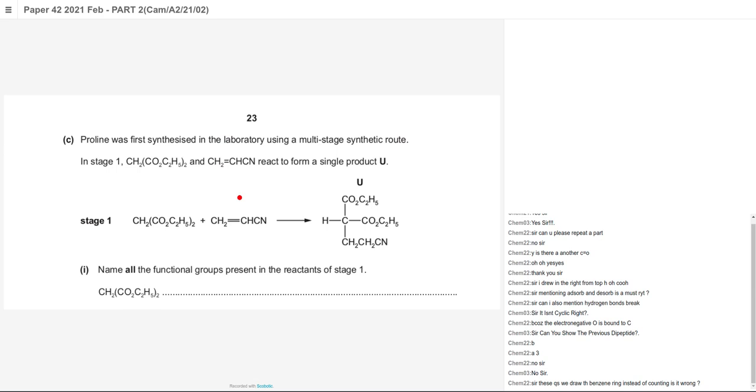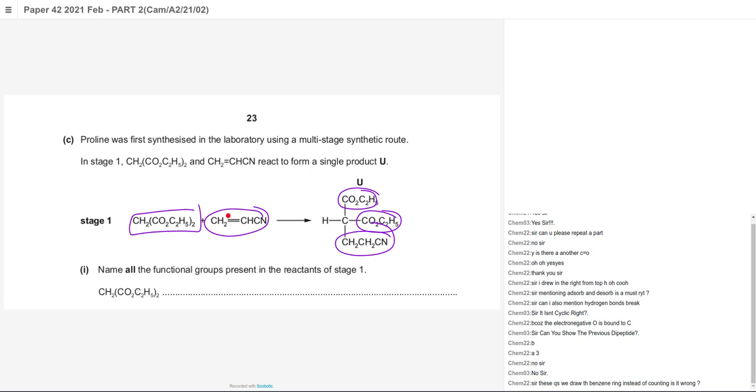Proline was first synthesized in the laboratory using a multi-stage synthetic route. What's happened here? A single product. See what has happened here. The pi bond is broken. You can see this molecule over here, and two of these molecules. This is COCH2, two of it.